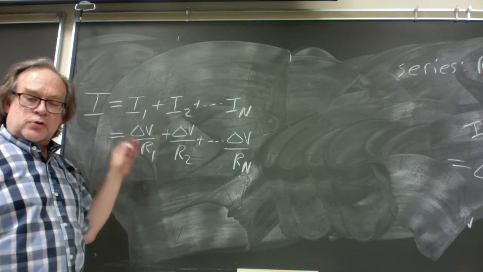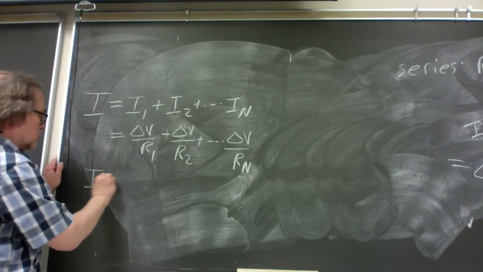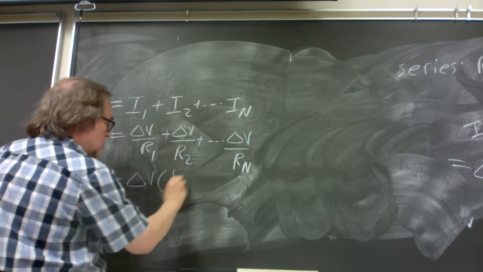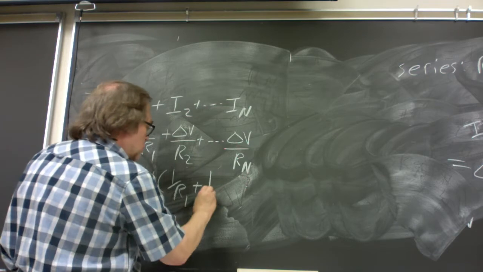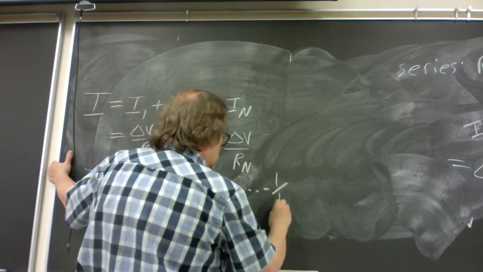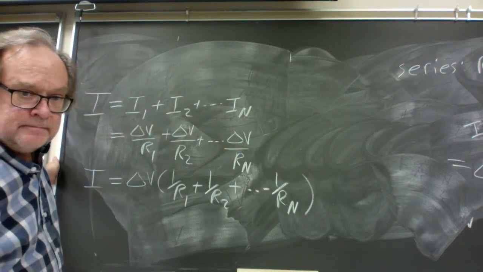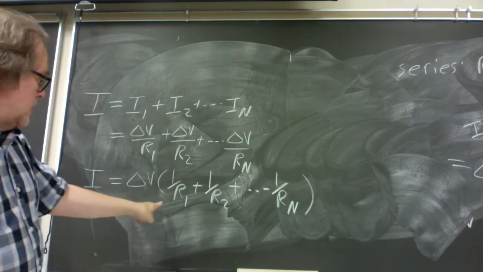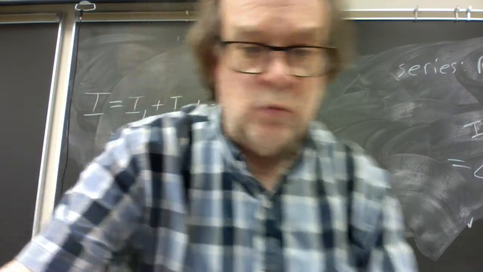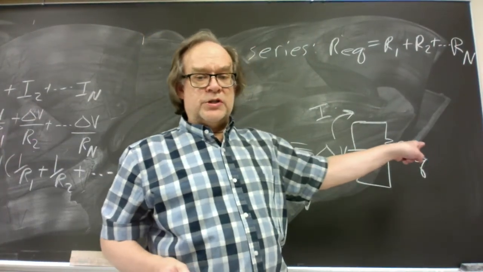There's a common factor in every term here, so let's factor it out. And we'll say then that the total current is just delta V, factor that out, times 1 over R1 plus 1 over R2 plus etc. to 1 over Rn. Now, compare that with the situation here where we're using the equivalent resistor.